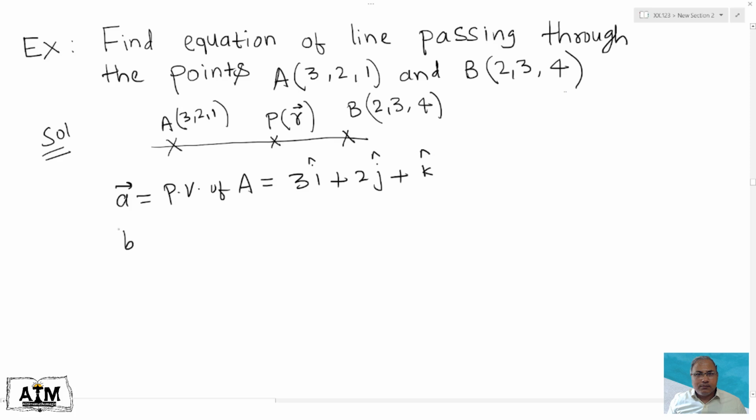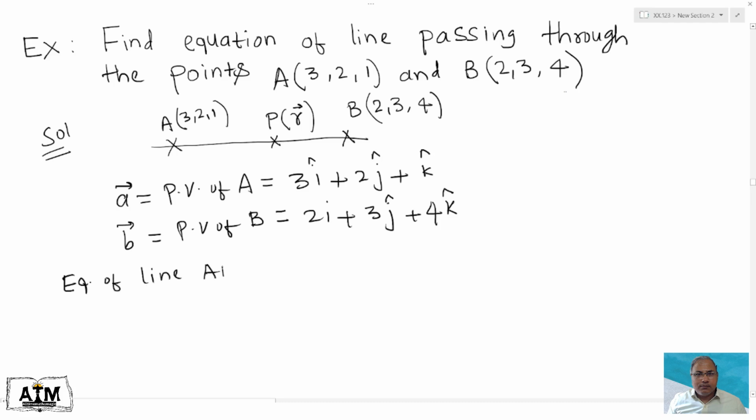Similarly, the position vector of point B, whose coordinates are 2 3 4, equals 2i plus 3j plus 4k. Now, the equation of line AB. This is a 3D line, so this is a 3D equation.